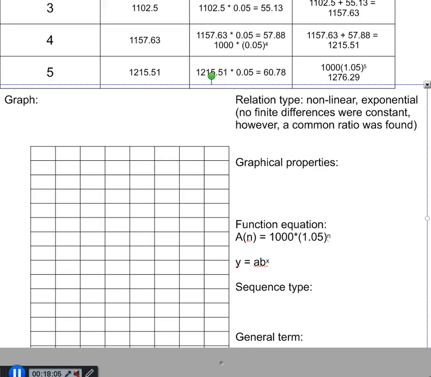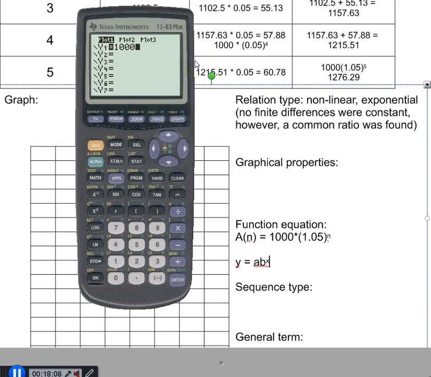We could go back to the graphing calculator and insert 1,000 multiplied by bracket 1.05 close bracket to the power of x, and plotting that, we would see it goes through all of our points.